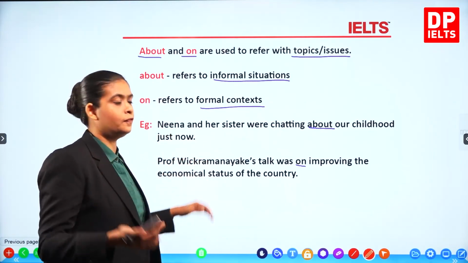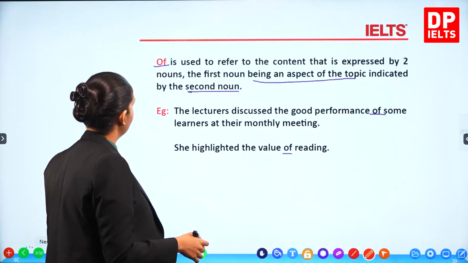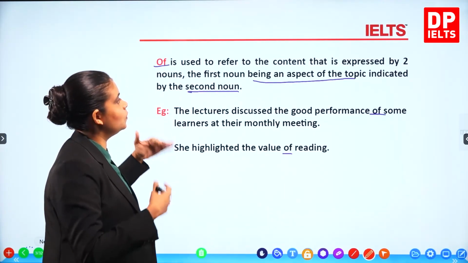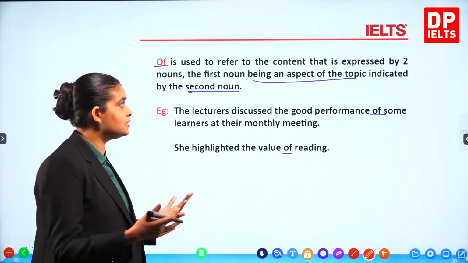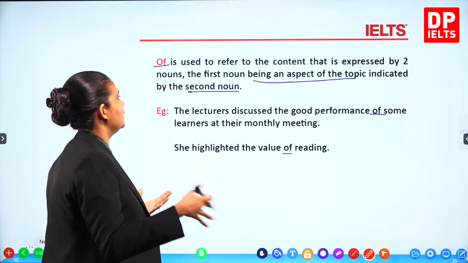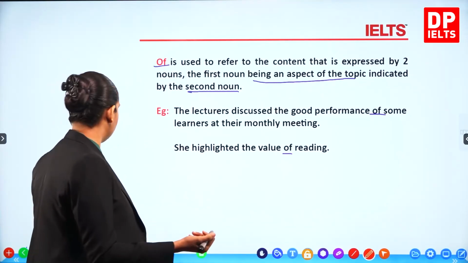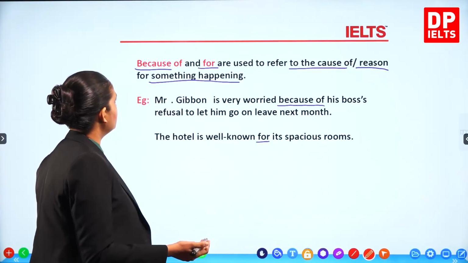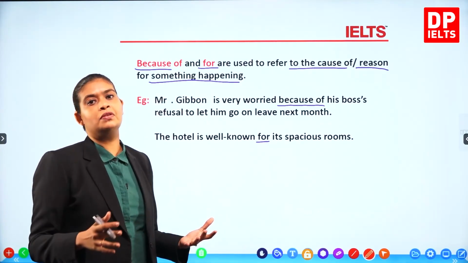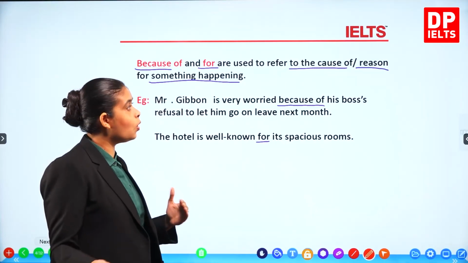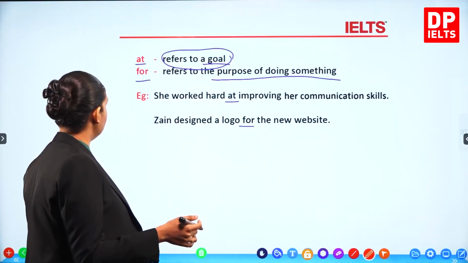On is more formal context. Of is when you want to express two nouns together, the first one being the aspect of the topic indicated by the second noun. And then of course you have because of and for. They are both used to refer to the cause or the reason for something happening.